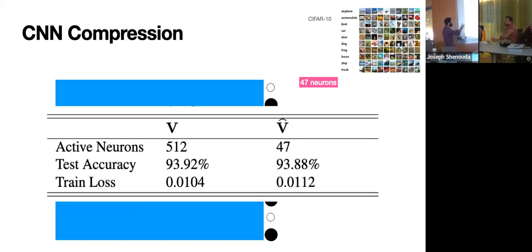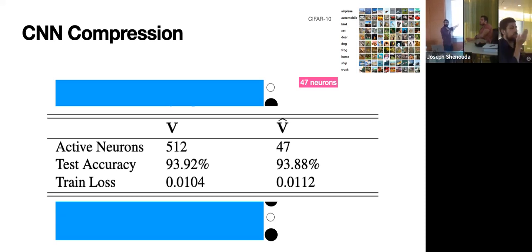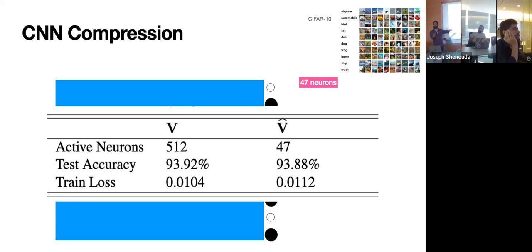If we look at the compressed network and the original network, V hat is the compressed, V is the original. We see almost no change in the train loss, and surprisingly, almost no change in the test loss or the test accuracy. This is weird because what I said earlier was we don't know how the function has really changed.